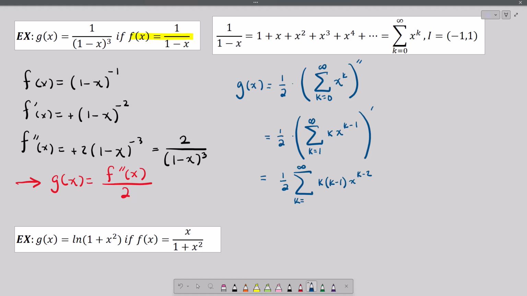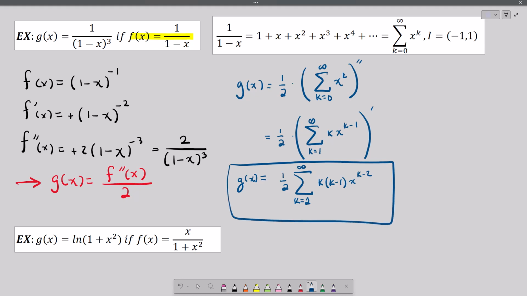That's not a polynomial. So this k has to start at 2. So now we have what we were looking for. Now we have our power series for g from the power series for f. We differentiated twice.